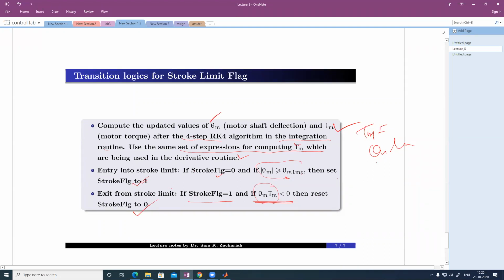That is, if it is in the stroke limit, and this maximum value is equal to the theta m limit, so if it is crossing that one, you have to set the flag to 1.